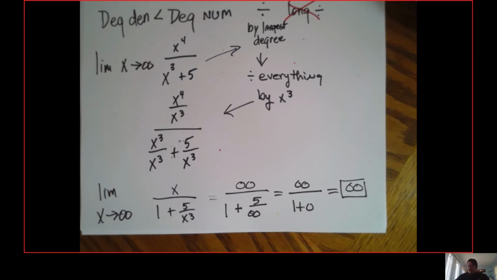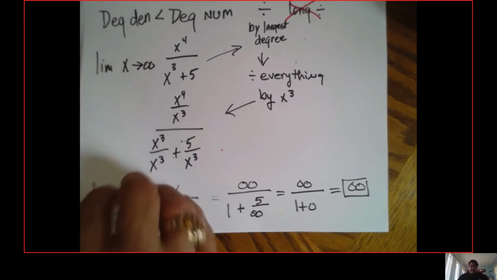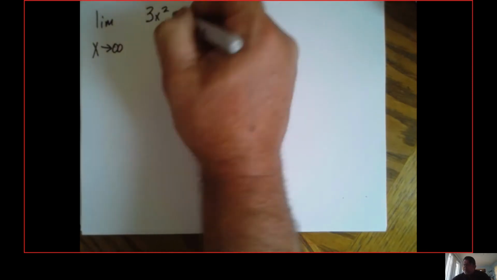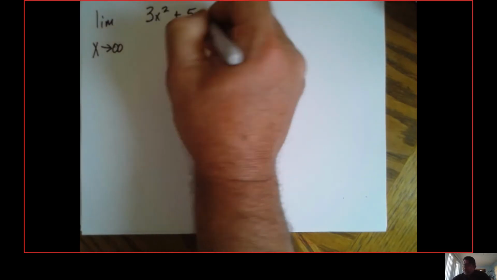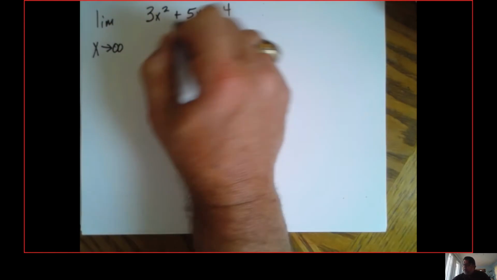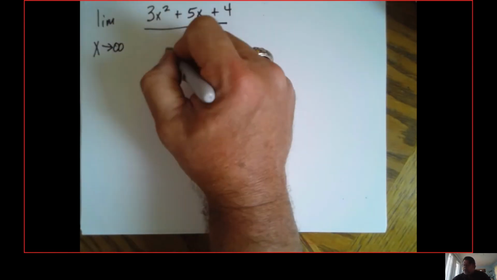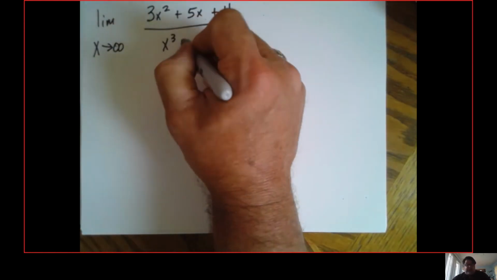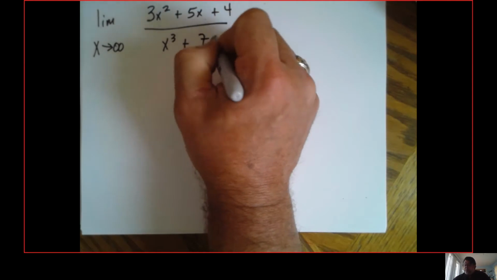So let's do nerding with infinity and beyond. Limit as x approaches infinity of 3x squared plus 5x plus 4 over x to the third plus 7x.